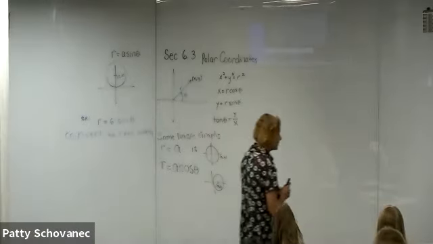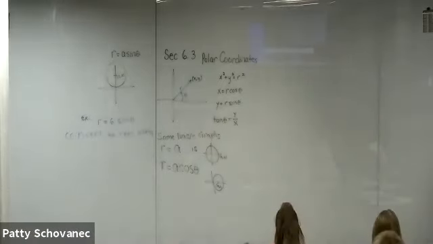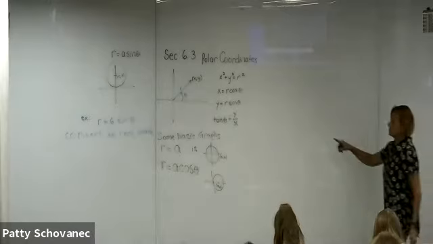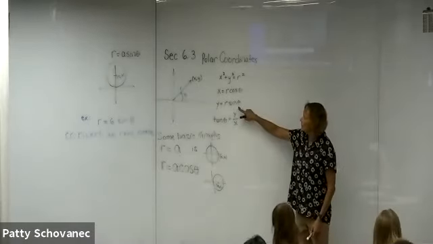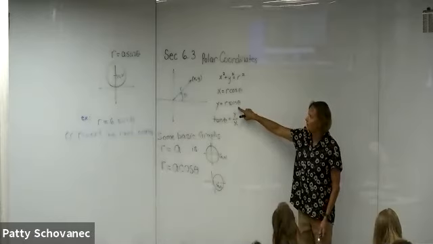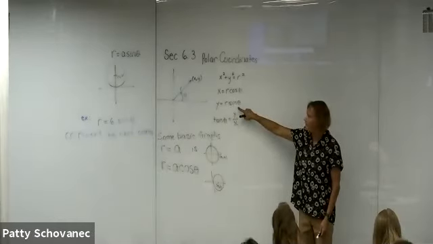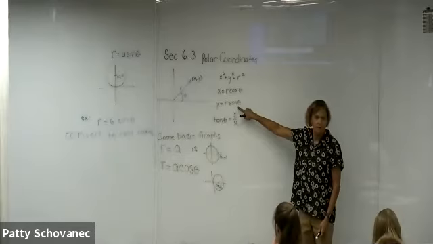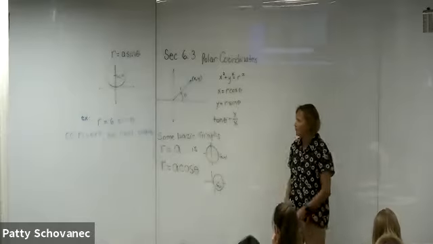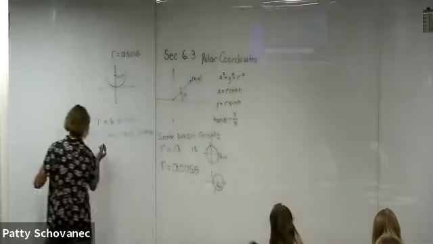To convert that to rectangular coordinates, I'm looking right here. If I had an r in front of that sine of theta, then I can just replace r sine theta with the letter y. So I'm going to take that equation given and multiply both sides by r.